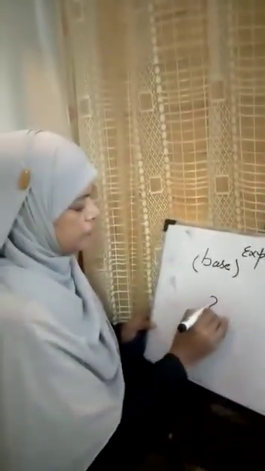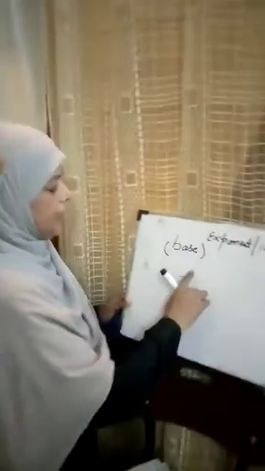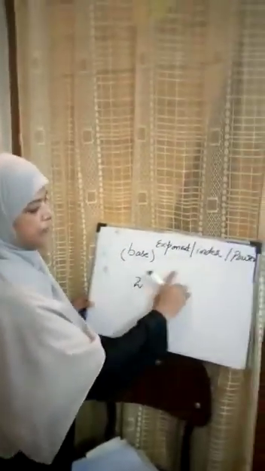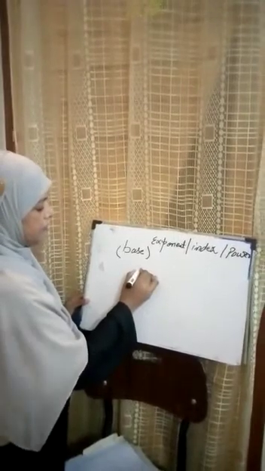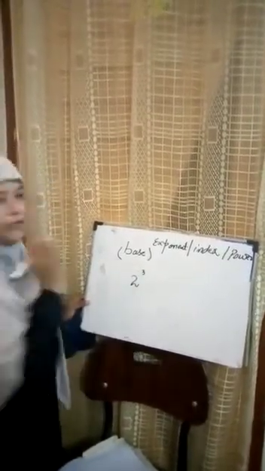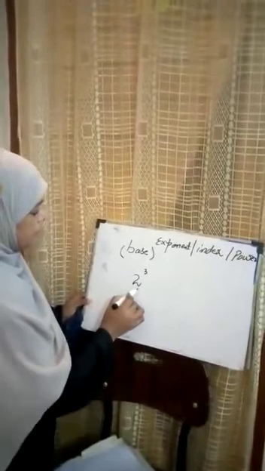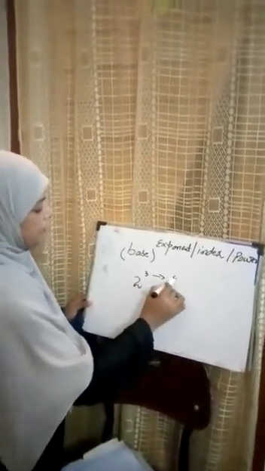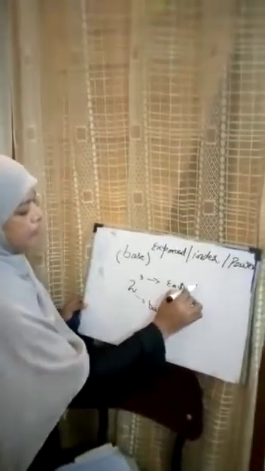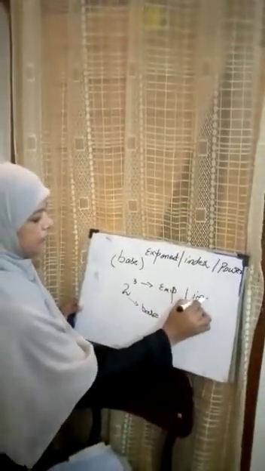Base will be written in large figure, for example 2, and its exponent, index or power will be written in small figure, for example 2 to the power 3. So 2 is the base and 3 is the exponent or index or power, right?